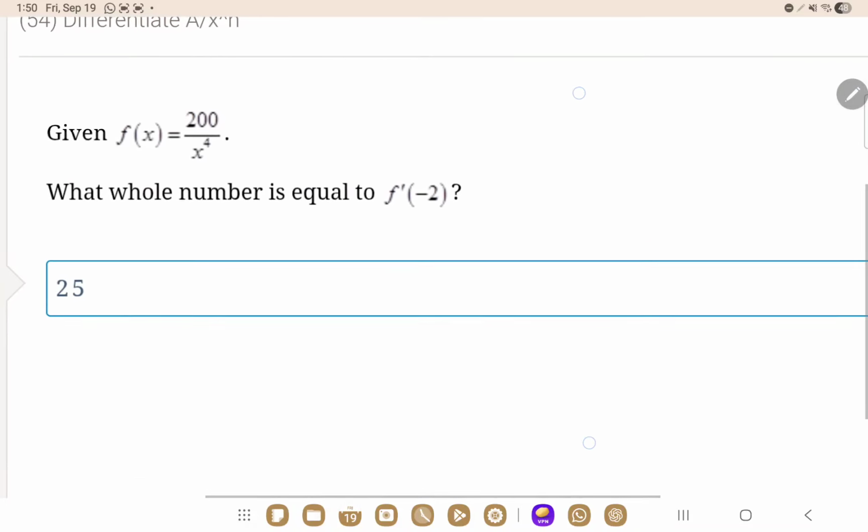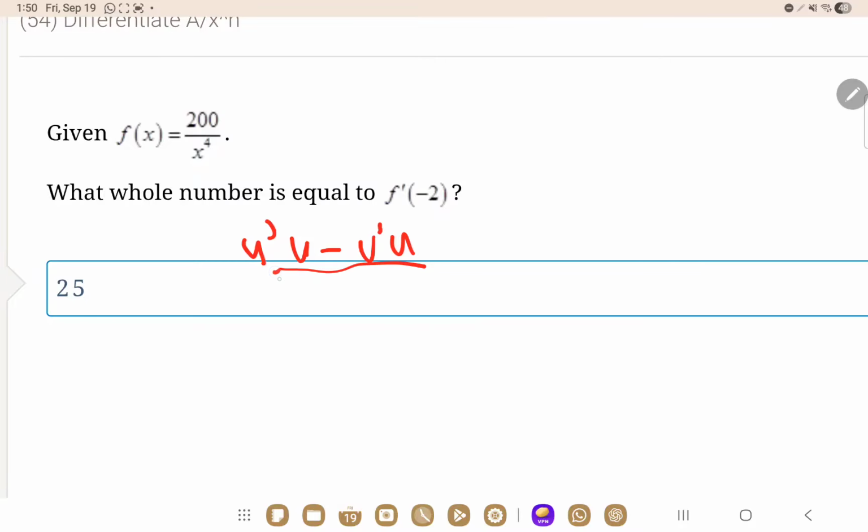Here we need to use the quotient rule again. Quotient rule. Now, to do this, it is again u prime v minus v prime u, all over v squared. Now again, this is very annoying, so u prime is going to be 200 prime.